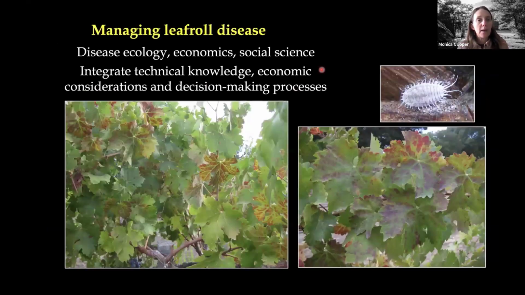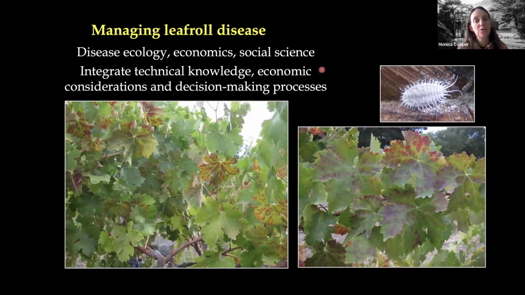So now let's talk about what it takes to manage leaf roll disease. It requires technical knowledge. We need to understand the mealybug, the vector, the plant, how it's reacting. There are, of course, economic considerations, because everything that we do has an economic consideration.